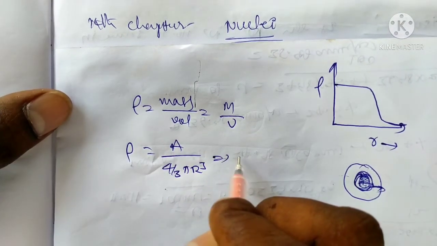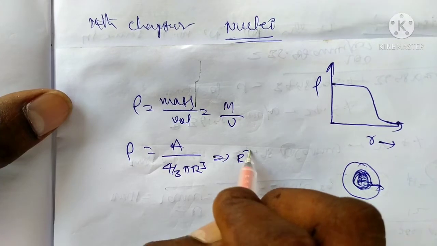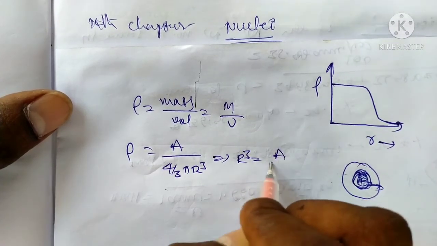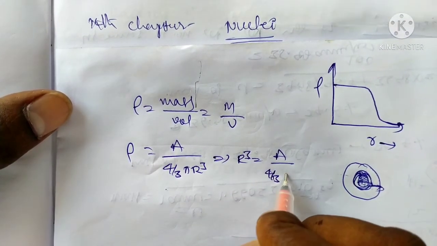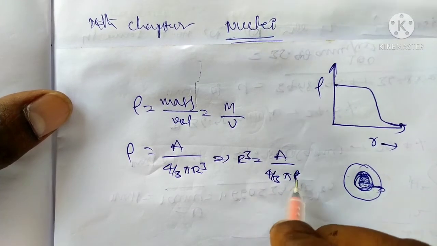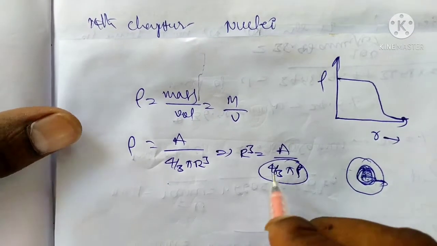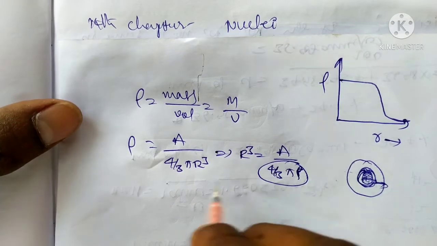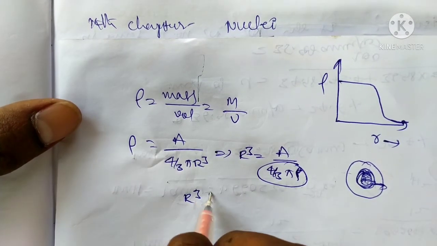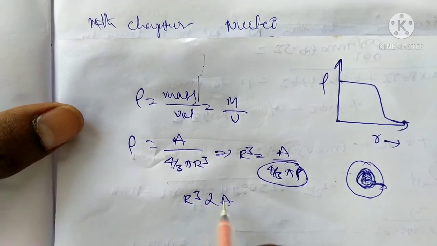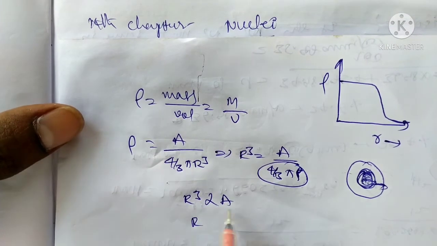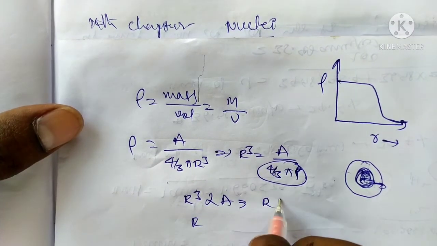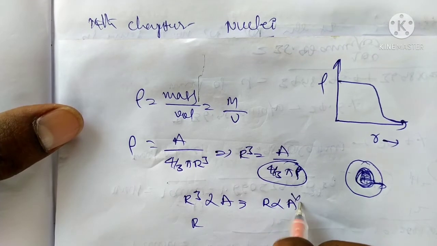Now r cube is A divided by 4 by 3 pi rho. Okay, this is the constant. Removing the constant, r cube is proportional to A, so r is proportional to A to the power of 1 by 3.